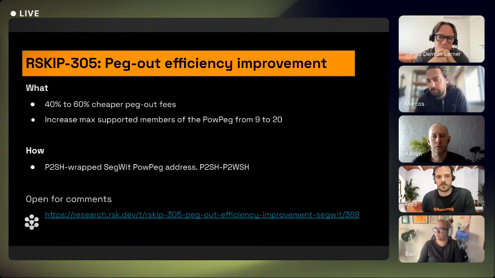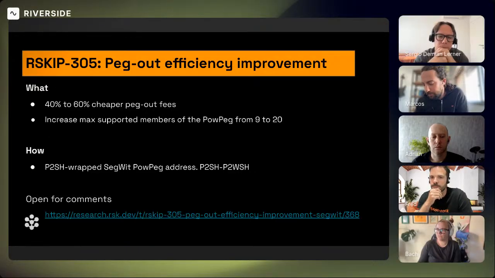So that results in cheaper fees, even when having more signers. As far as we have analyzed and the tests we have executed, even having 20 signers with the new format is still cheaper than having 9 members in the current format. So that's really a very positive thing.